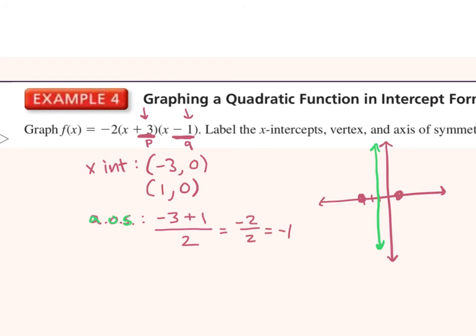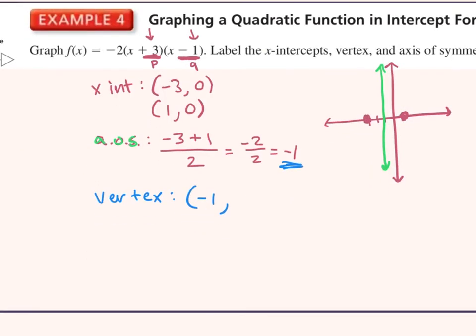And now we can find our vertex. We know our x value is going to be the same as our axis of symmetry. So we start with negative 1. And then we take that negative 1 and plug it back into our equation to find our y value. So we have negative 2 times negative 1 plus 3, and then negative 1 minus 1.